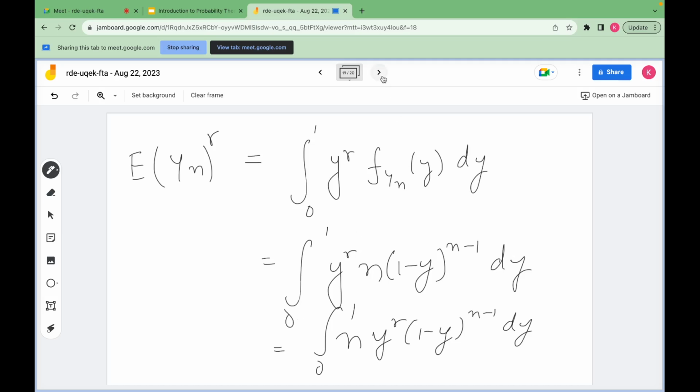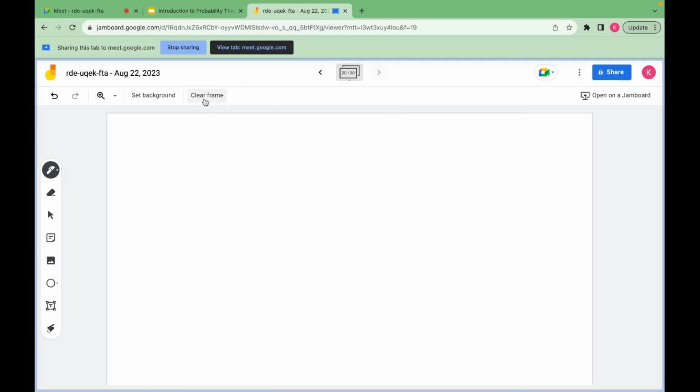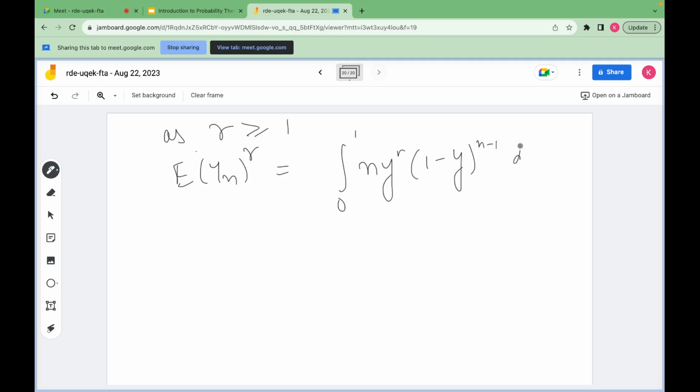So this value, as r is greater than 1, what we got is the expectation of Yn to the rth moment, which is the integral from 0 to 1 of n y^r (1 minus y)^(n minus 1) dy.